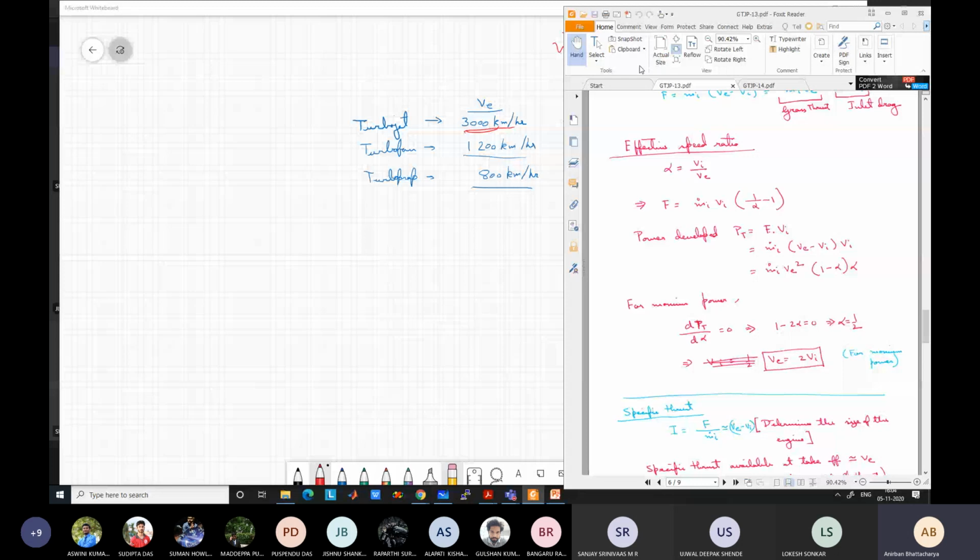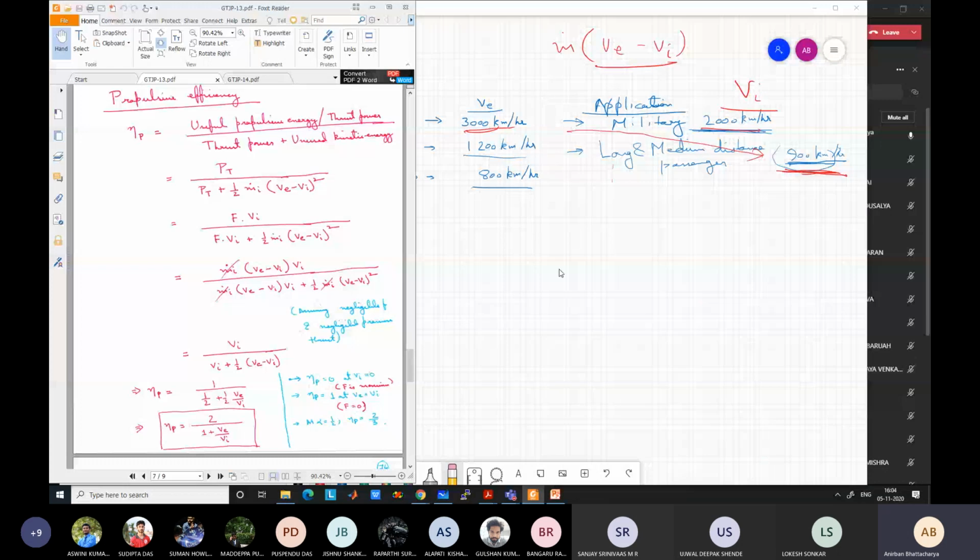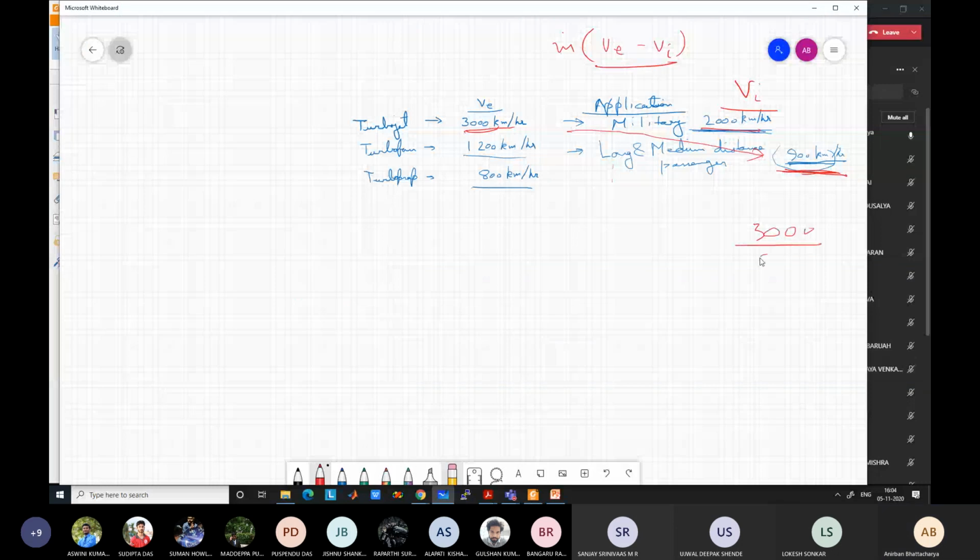If V by Vi is large, which will be the case for turbojet, say this value, 3000 by 900. Let us put some numbers here, let us try to understand.